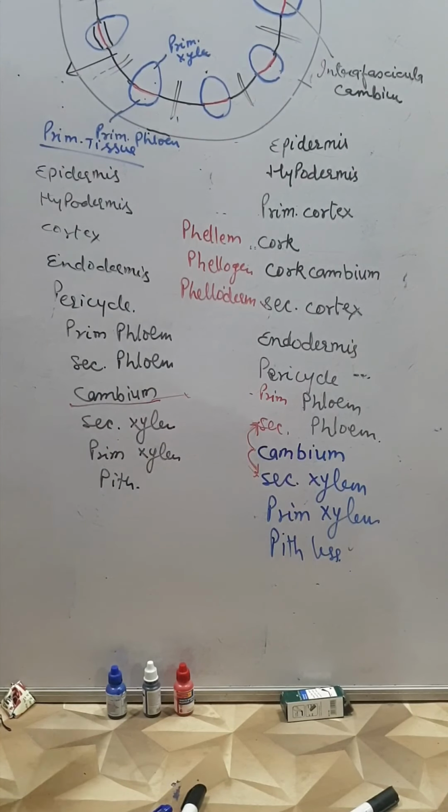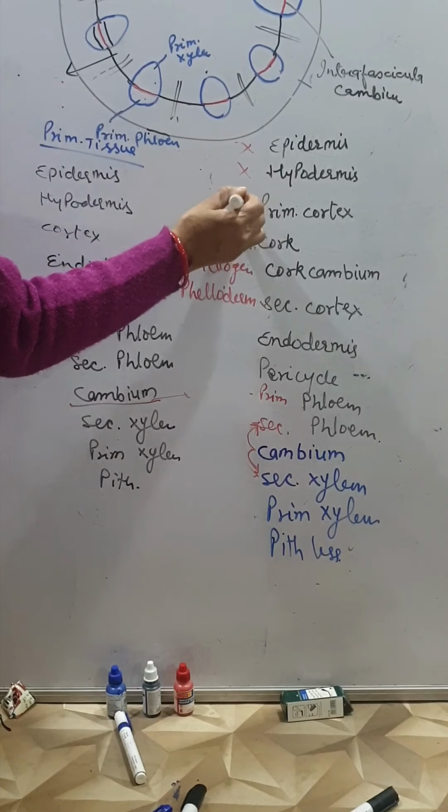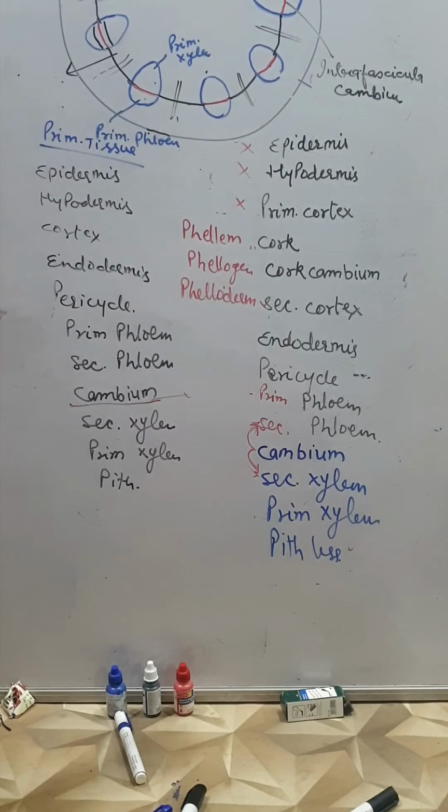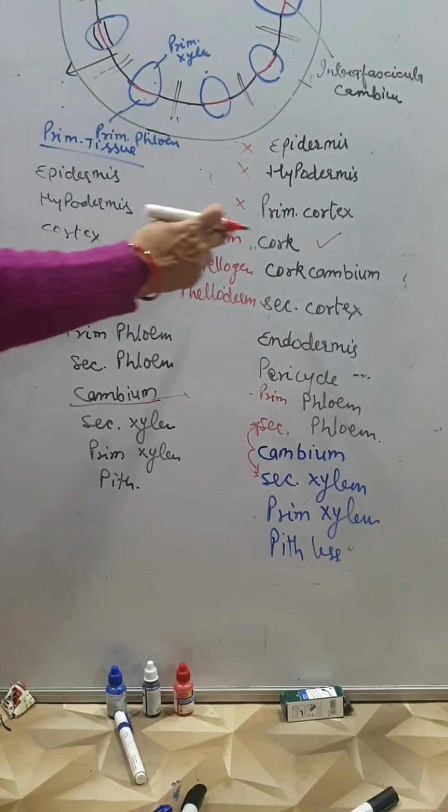Now we see the activity of the cork cambium. Epidermis, hypodermis, cortex, these are sloughed off. They are pushed, crushed and removed. Now the outer layer is cork.